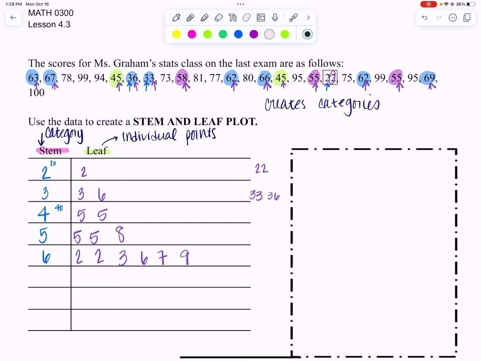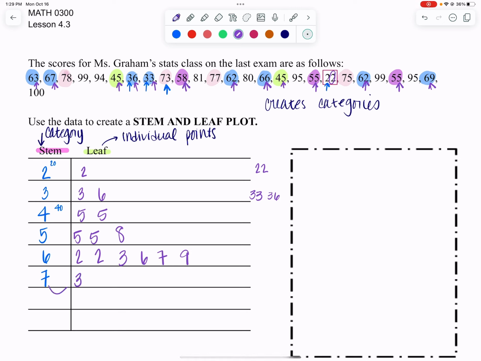I'm going to go look for some 70s. We have a 78, 73, 77, and a 75. So I'm going to start my stem and my leaves. It looks like I need to start with a 3. I think that's my smallest one.